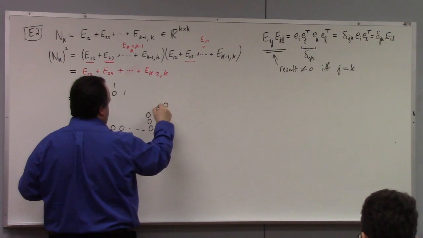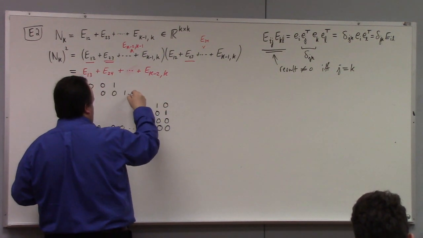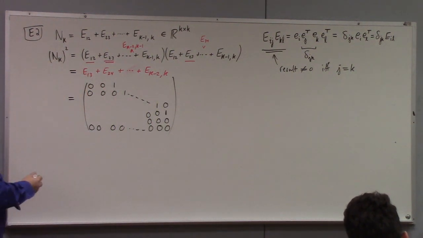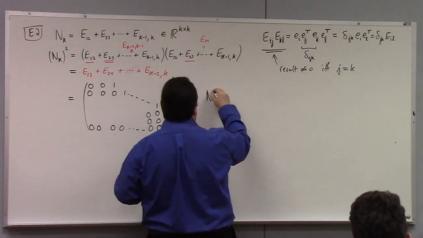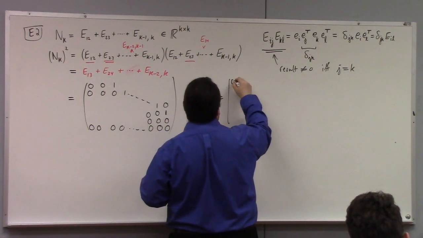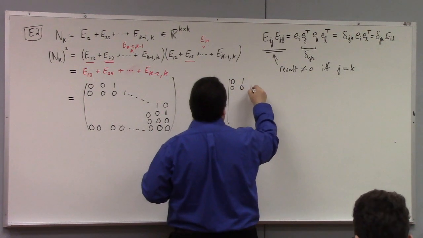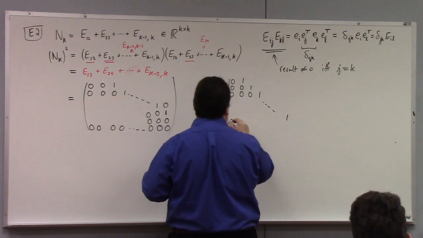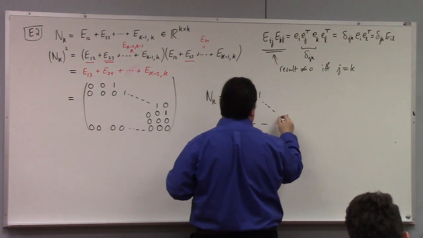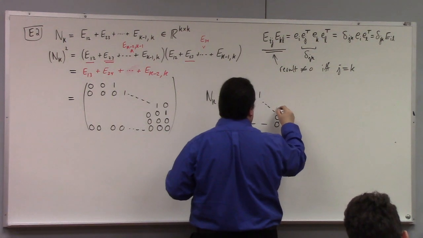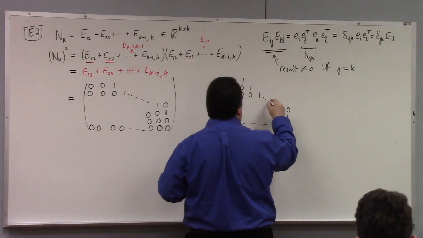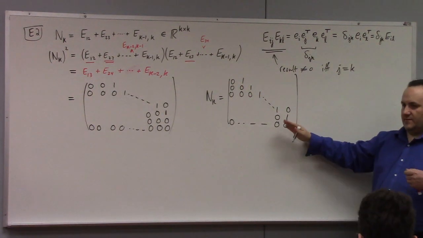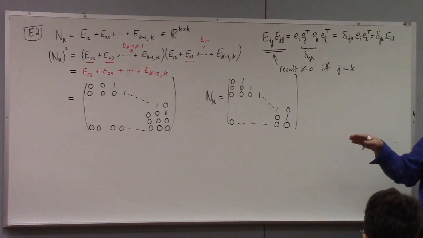So the next one up would be this. I don't know if you can see it or not. N sub k, what n sub k is, this. So in other words, the n sub k has a 1 on the first super diagonal everywhere.